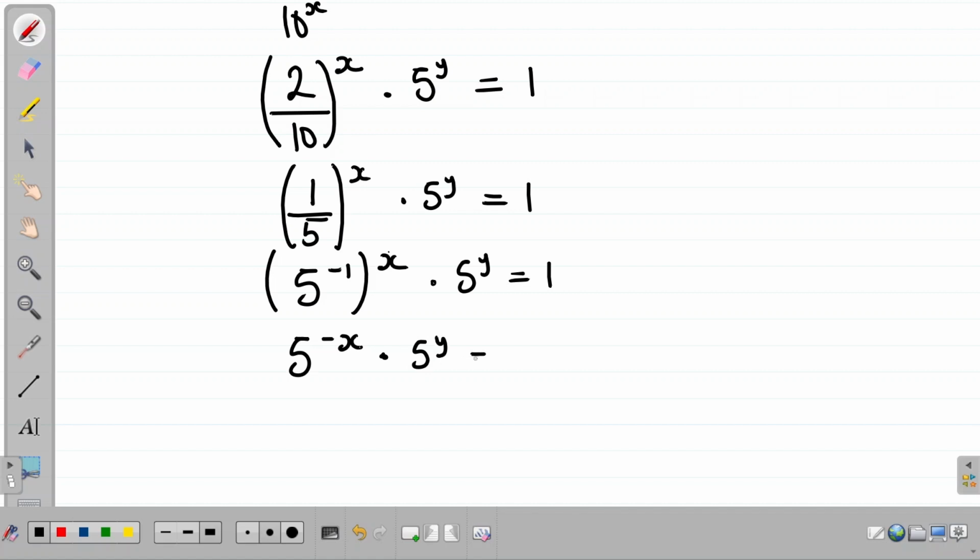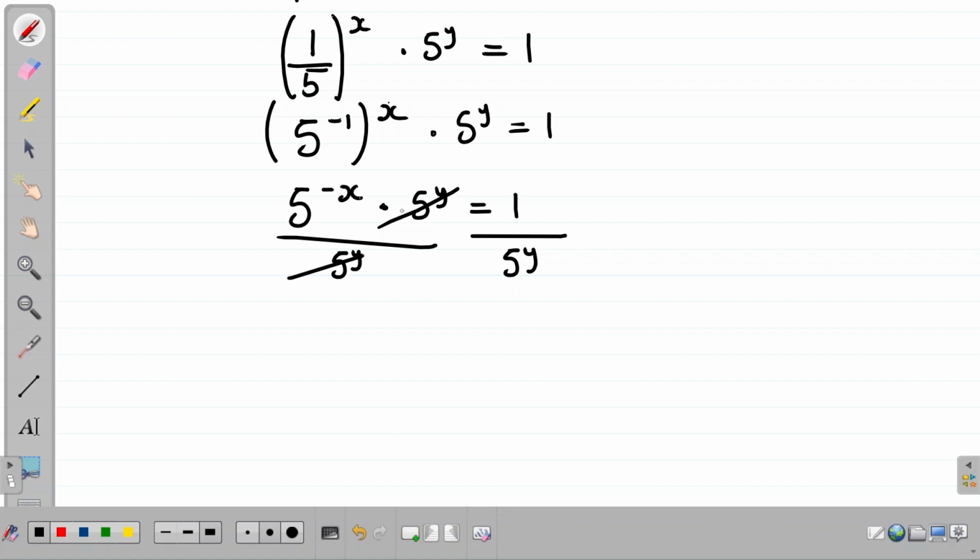y equal to 1. Now I will divide the equation by 5 raised to the power of y. So divide the left hand side by 5 raised to the power of y and divide the right hand side by 5 raised to the power of y. So 5 raised to the power of y cancels out.